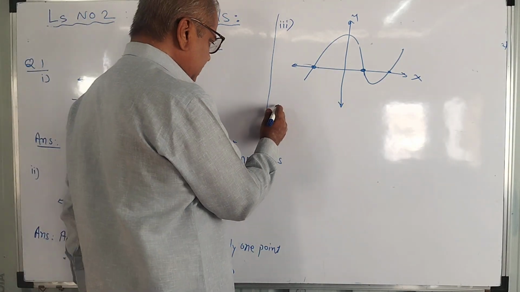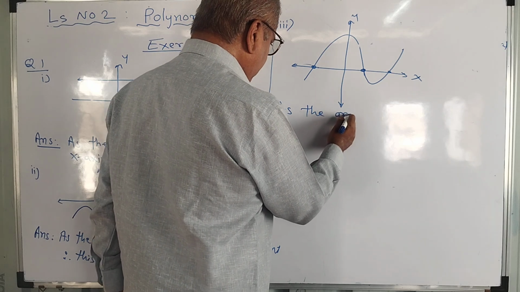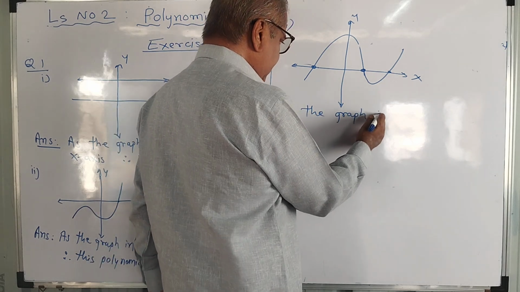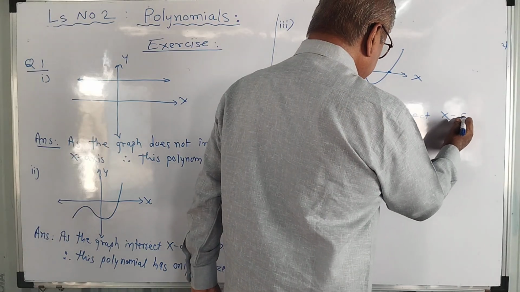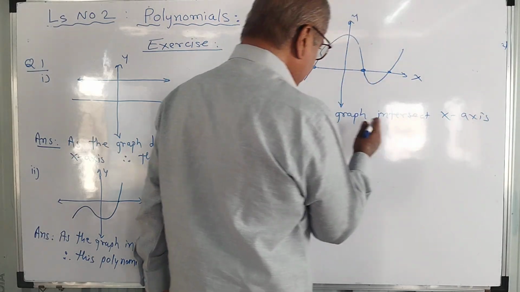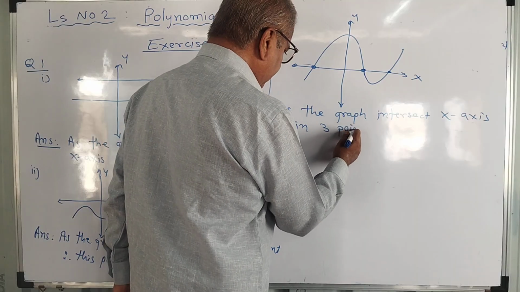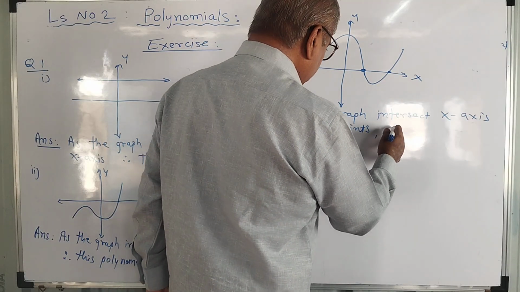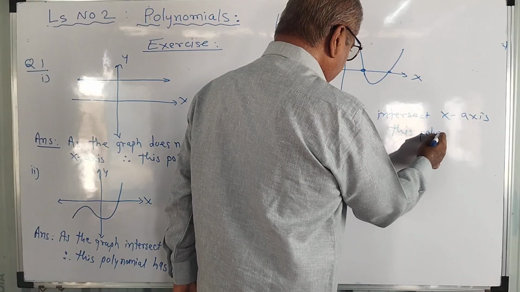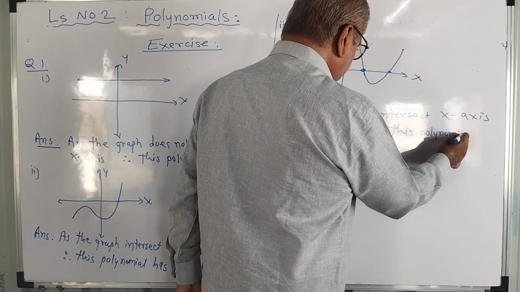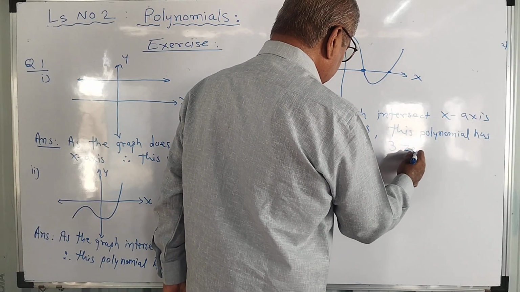So how to write the answer? As the graph intersects the x-axis in how many points? 3 points. This polynomial has how many zeros? 3 zeros.